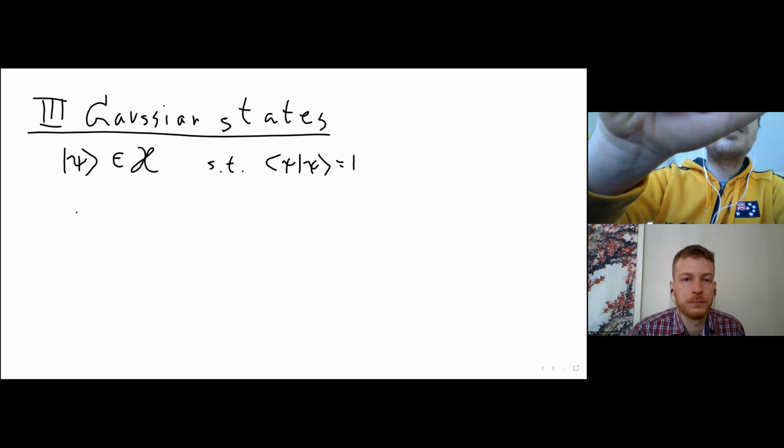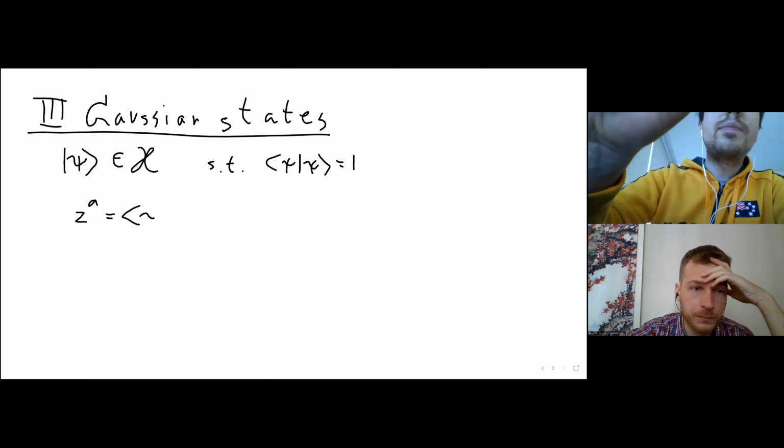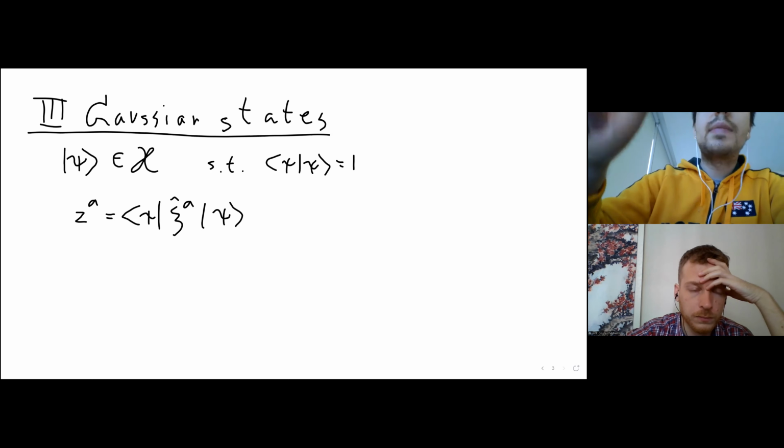I define Z_A, that's a vector, which is the expectation value of psi_A in the state psi.